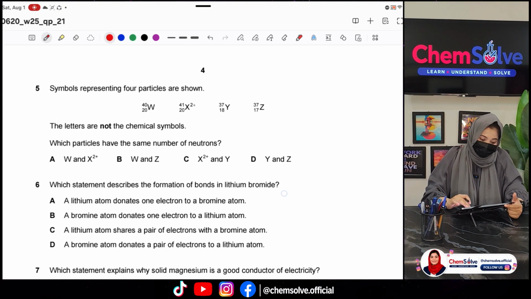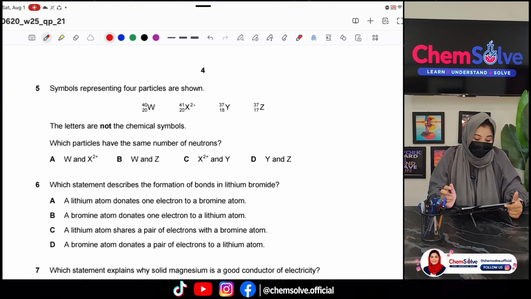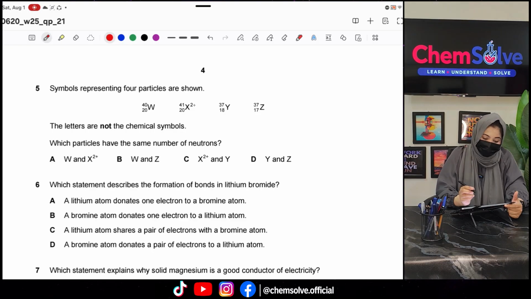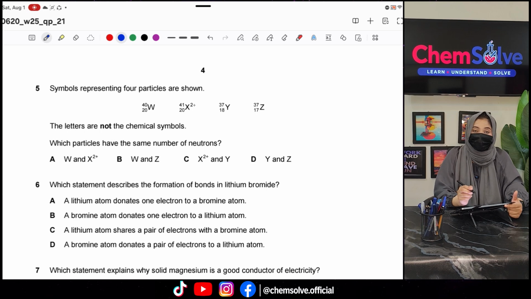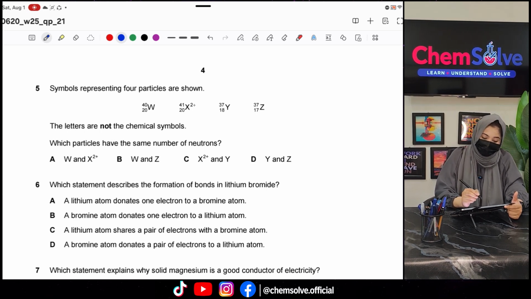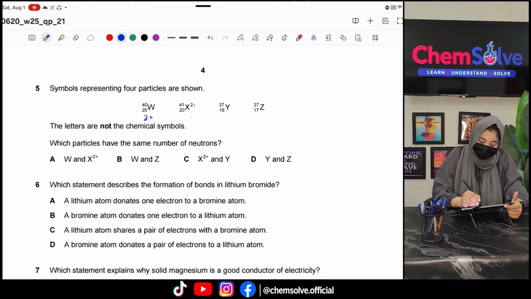Question number 5. Symbols represent the particles shown. The letters are not the chemical symbols. Which particles have the same number of neutrons? We have just discussed in the previous question that for the calculation of the neutron number, we have to subtract the atomic number from the mass number. So 40 minus 20, this is 20, and 41 minus 20, that is 21.